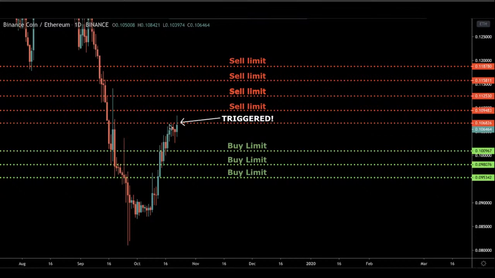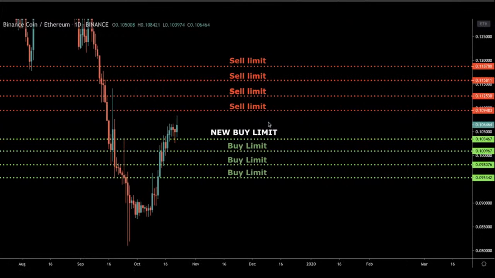What happens next? The price has moved upwards a little bit, and it has triggered the sell limit order. In this case, the new buy limit order will be placed below that level right here.